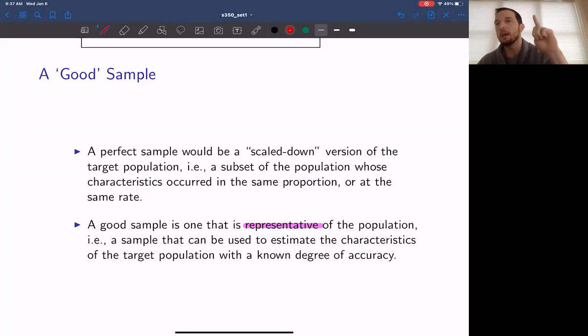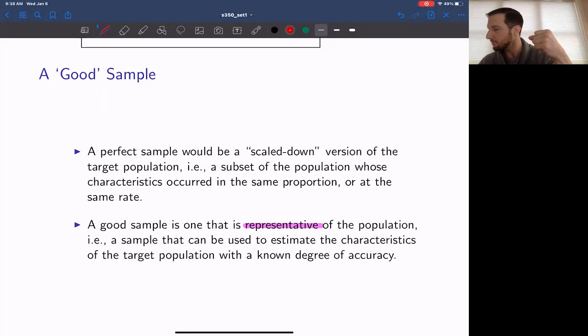So what I mean by that in the context of our statistical studies is a good sample is one where we can calculate and quantify error and attach that error to our estimate. So we can say with some degree of certainty, the population mean of this is going to be between this value and this value. And we can explain why that error is what it is. And we can make adjustments to the error based off, for example, sample size and things like this.